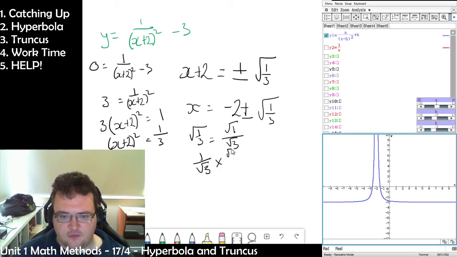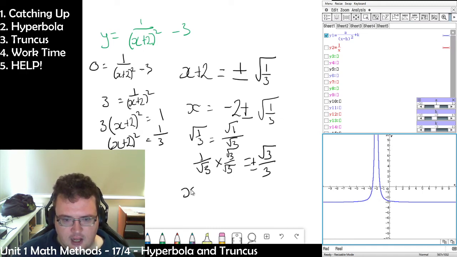Multiply by root 3 over 3, and I end up with root 3 over 3, plus minus because of what we're dealing with here. So my answer's going to be x equals minus 2 plus minus root 3 on 3.